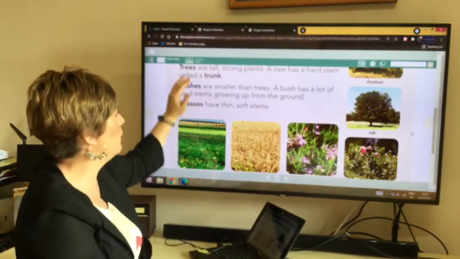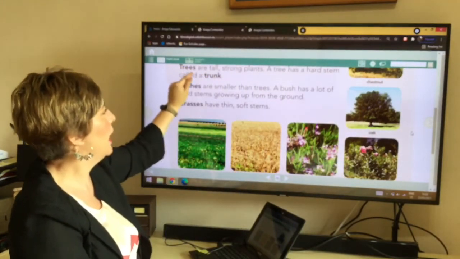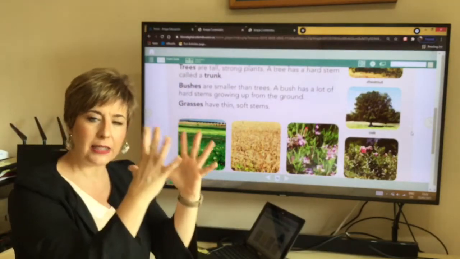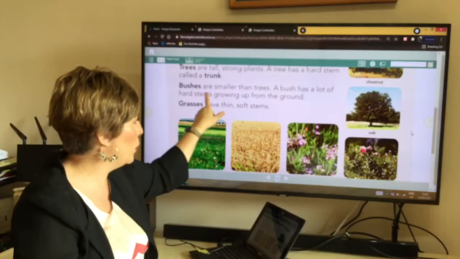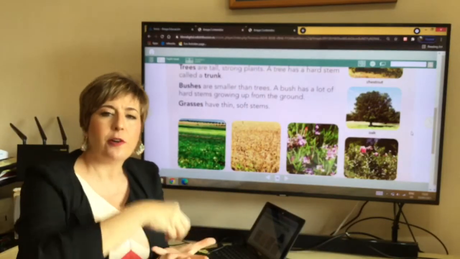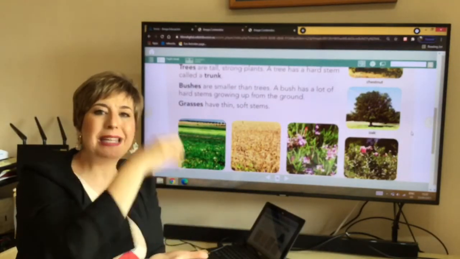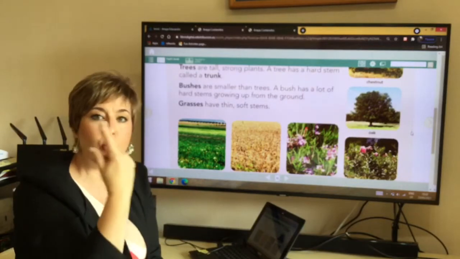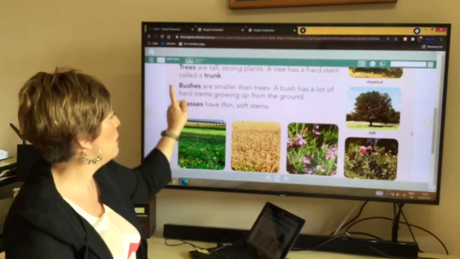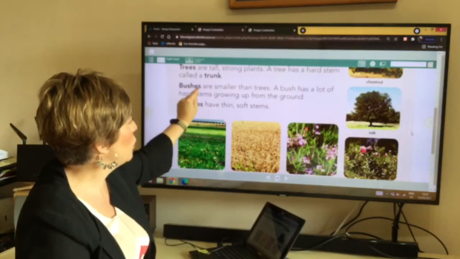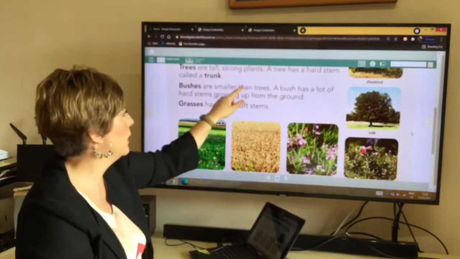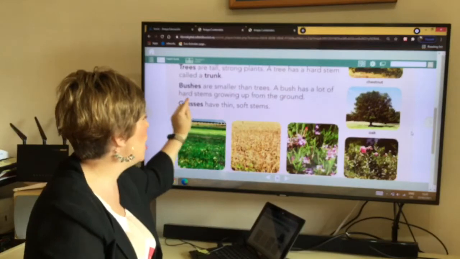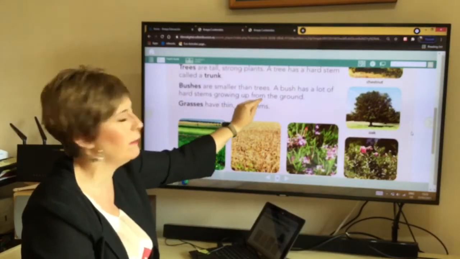What is the difference between a tree and a bush? A tree has one thick stem and then branches at the top. Well, a bush has branches from the beginning. It has many branches. It doesn't have one thick stem. So bushes are, first of all, smaller, lower than trees, and they have a lot of hard stems growing from the ground.